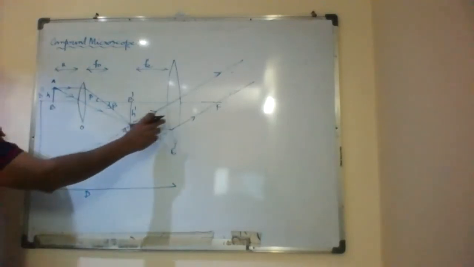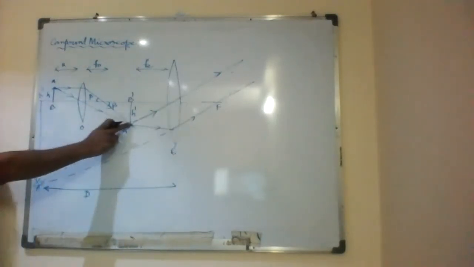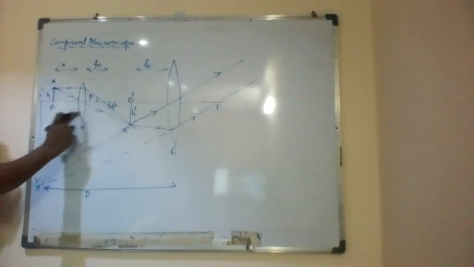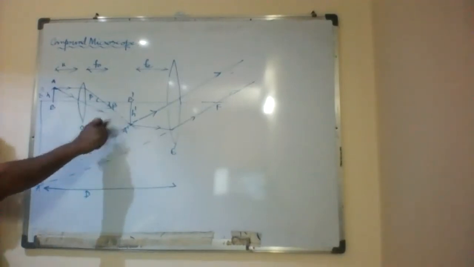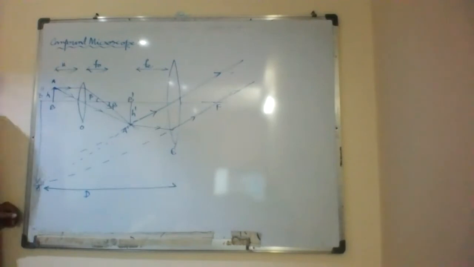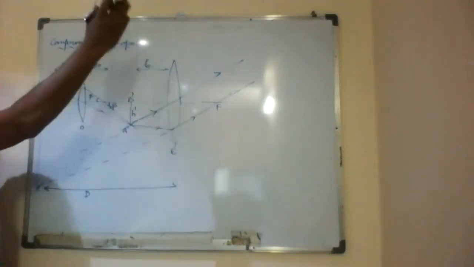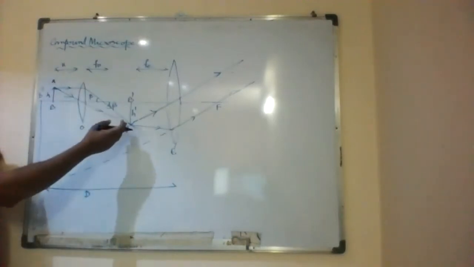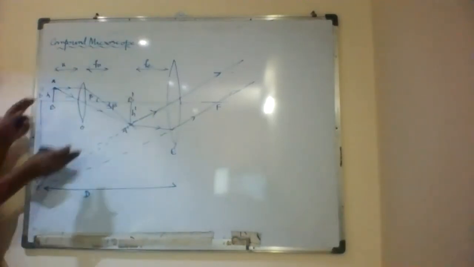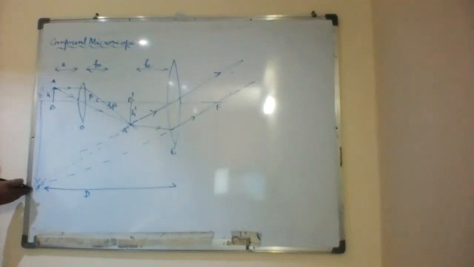Now for this lens, this will become the object. The image of the object becomes the object for the eye lens. So now take two rays: a ray which is parallel to the lens axis passes through the focal point. Second ray passes through the optic center and goes undeviated. Retrace the path, it is meeting at a point here, where it is forming image A dash and B dash.